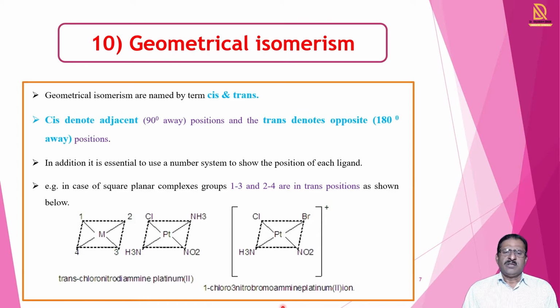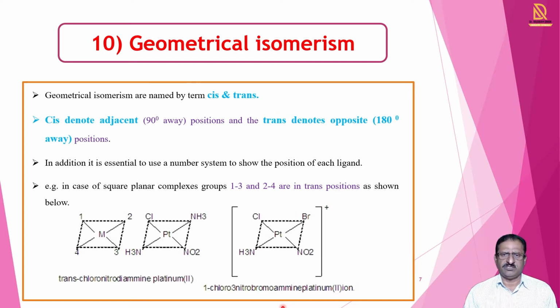Then if there is certain geometrical isomerism, in that case we give the nomenclature accordingly. Geometrical isomers are named by the terms cis and trans. So we see what is cis and what is trans. Cis means the ligands are at adjacent positions, at 90 degrees to each other.